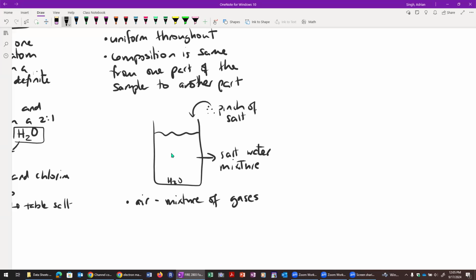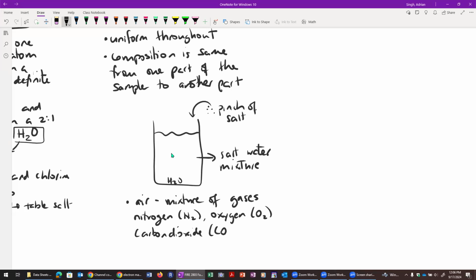So the gases that you find in normal air would be things like nitrogen gas, which makes up about 78%. Nitrogen gas is N2. Oxygen gas, which is O2, makes up about 21% of the air that you're breathing in, and then a little bit of carbon dioxide that everybody knows they're breathing in, right?